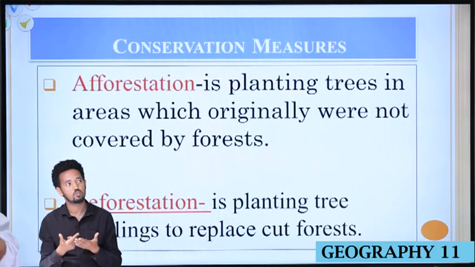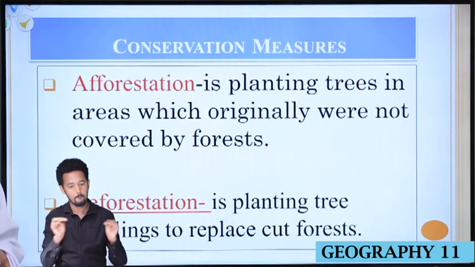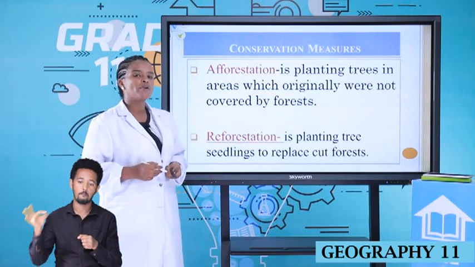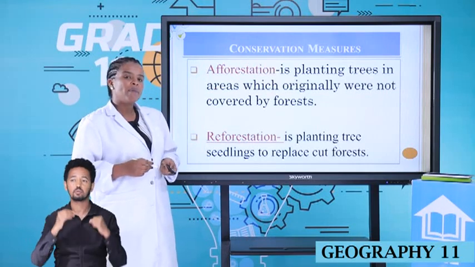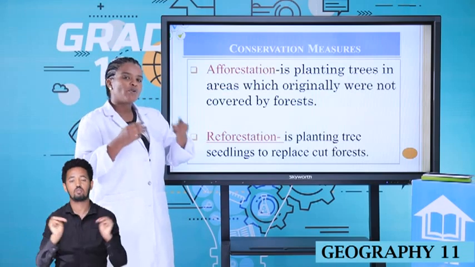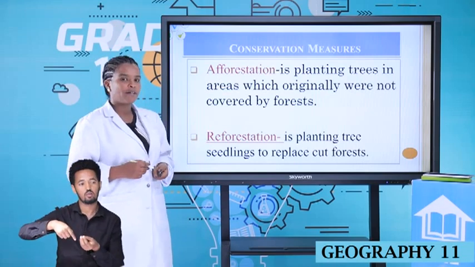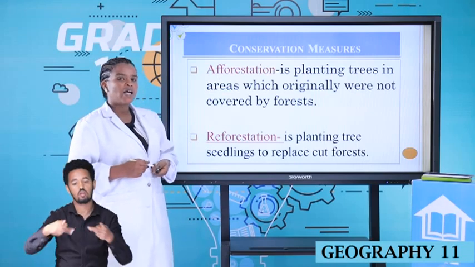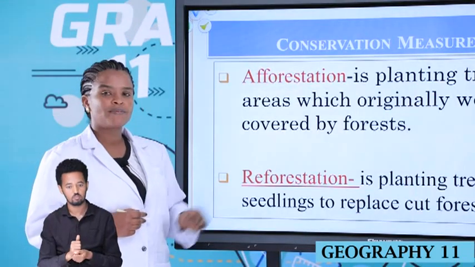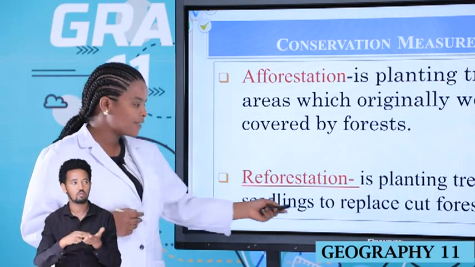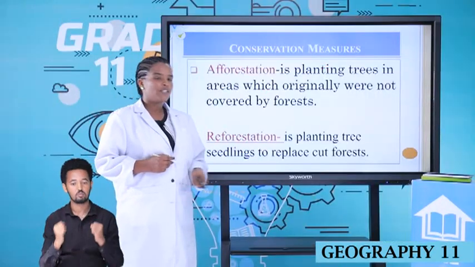Afforestation is another method of soil conservation, planting trees on barren land. This method protects the area from soil erosion agents like wind, running water, and so on. And reforestation is planting tree seedlings to replace cut forests.